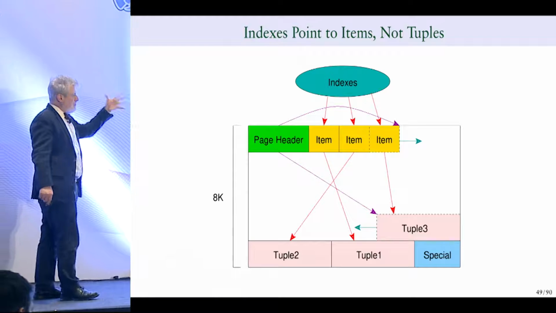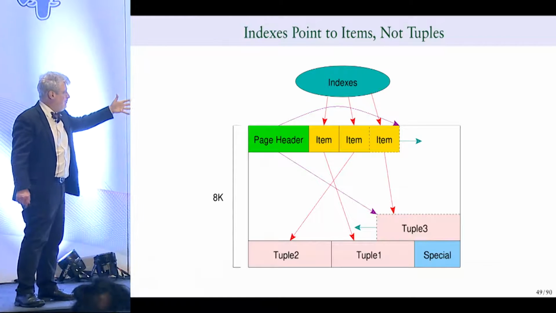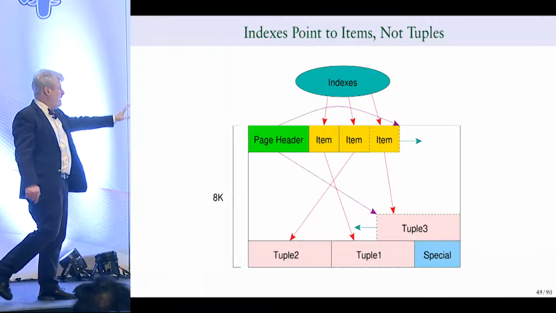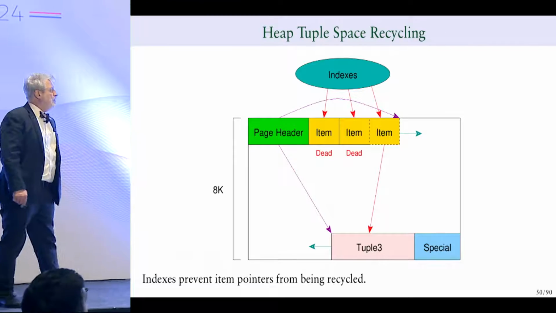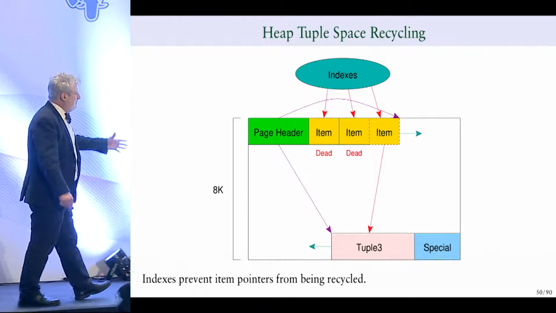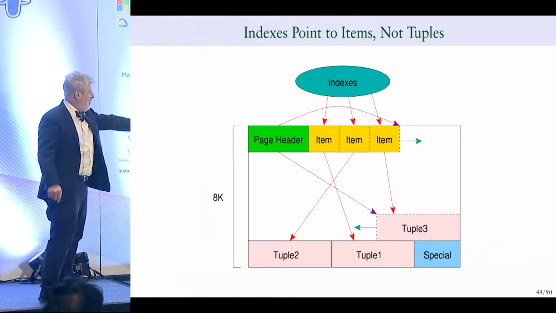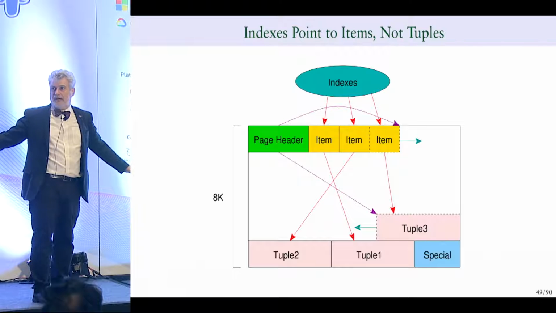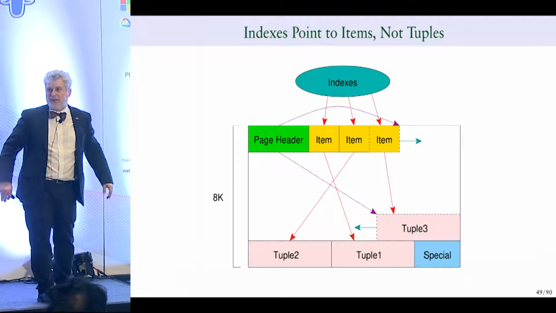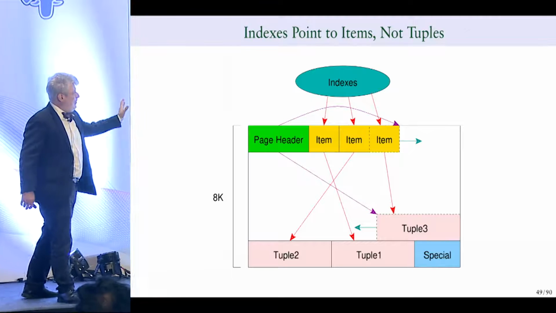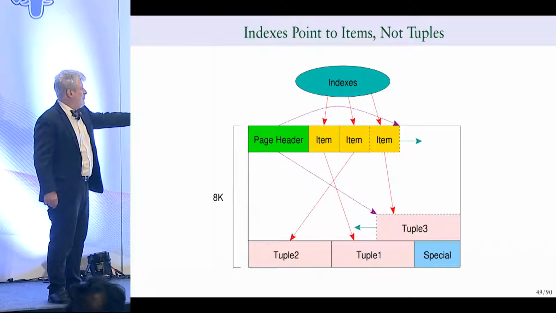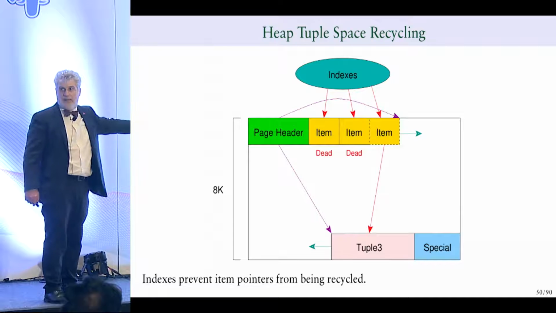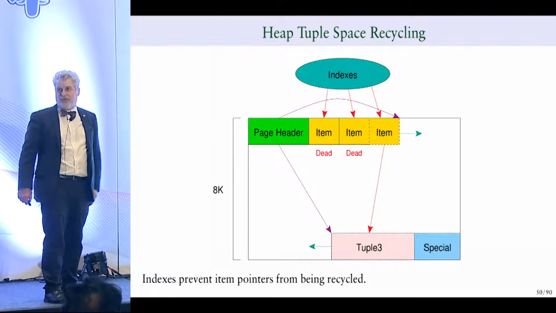So here's the way the structure is. The indexes point to the item pointers, which point to the data rows. And there are some advantages to this sort of layout. For example, let's suppose row 2 and row 1 are invisible, they can't be seen by any transaction, because your long query is finished. So let's suppose we're doing a select and we see row 2 and row 1 can't be seen by anybody, so we're just going to mark the item pointers as dead, and we'll get rid of the space for 2 and 1.